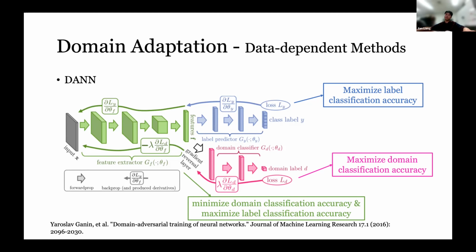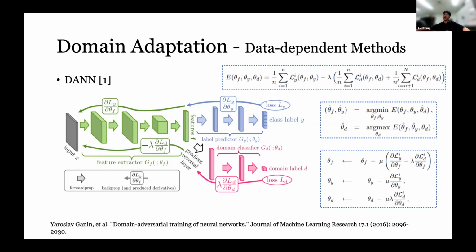So when optimizing the feature encoder, we just try to minimize the classification accuracy. The final objective consists of two terms. The first term is the label classification accuracy, and the second term is the domain classification loss. Okay, next page.